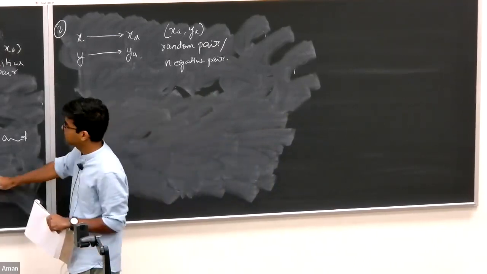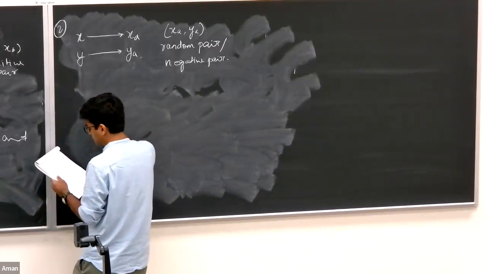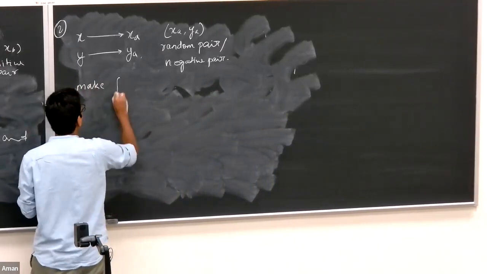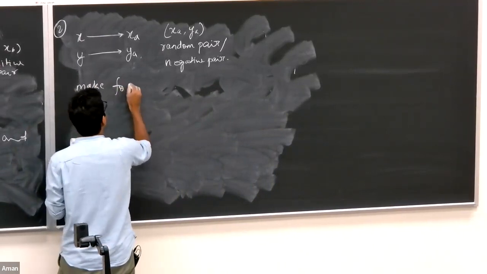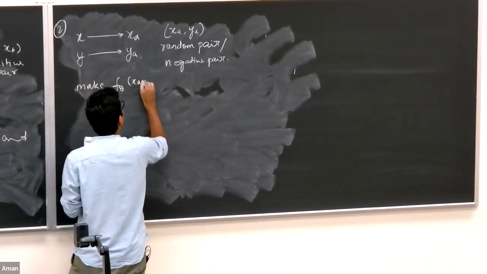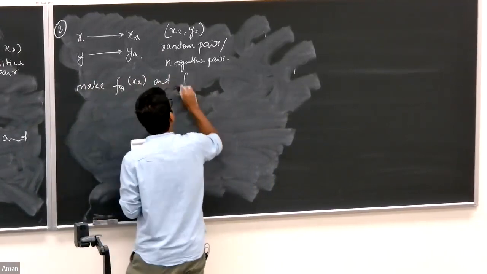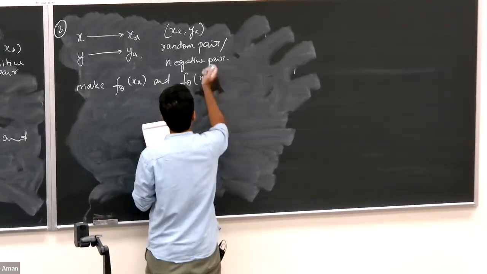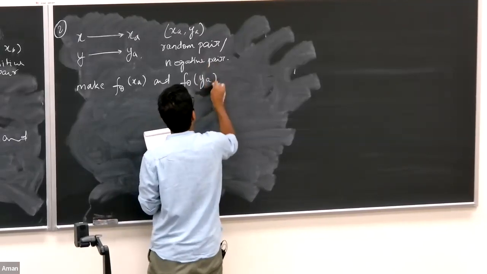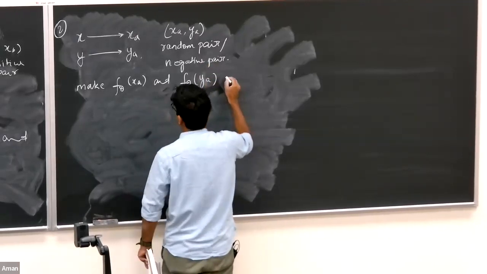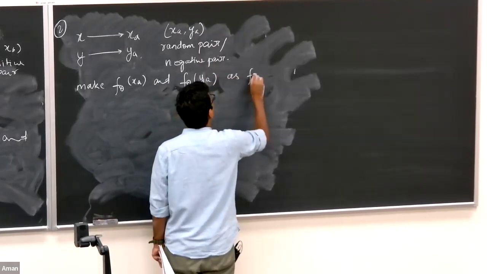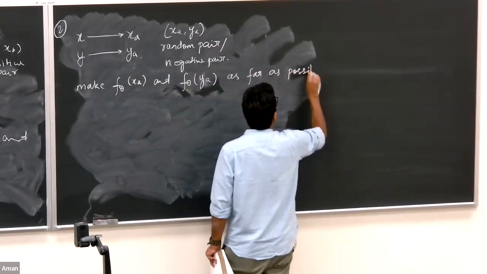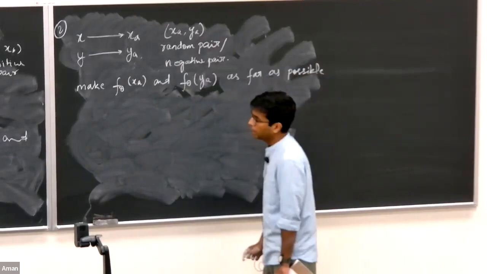And to counterbalance this requirement, the second requirement is that we make f theta of xa and f theta of ya as far apart as possible.